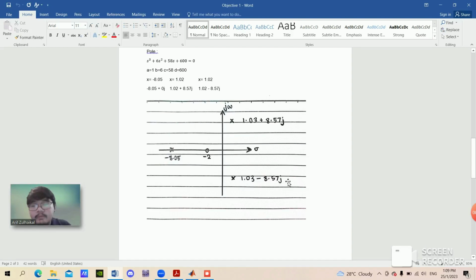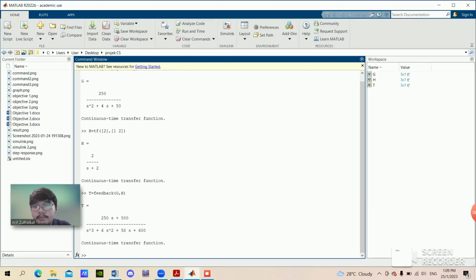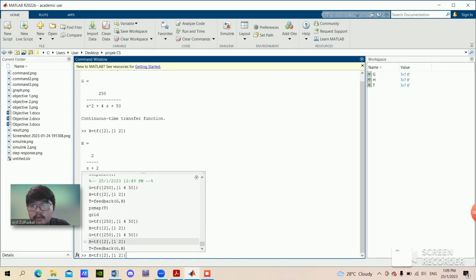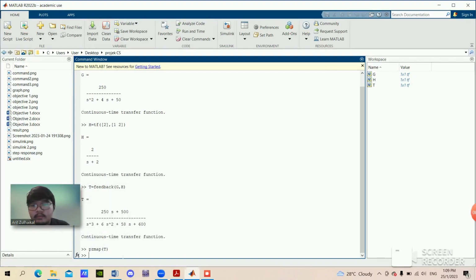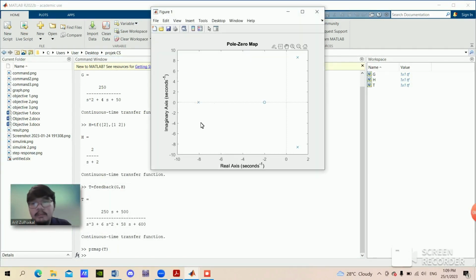To check my answer, I return to MATLAB and type pzmap(T), then grid.